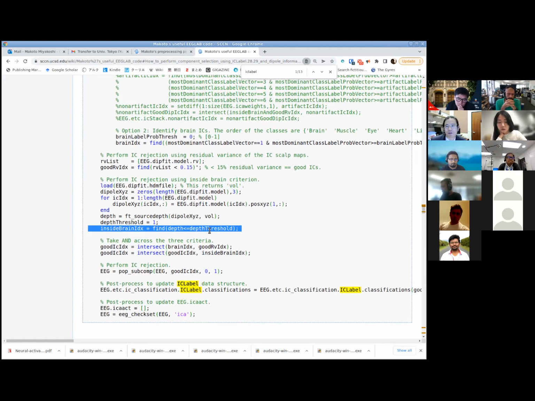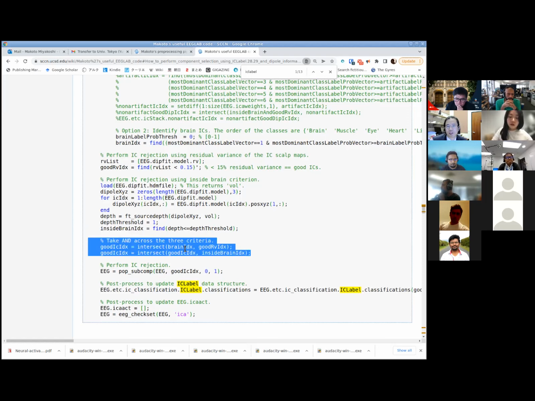If the depth is larger than 1 centimeter from the brain surface, that means the dipole is floating outside the brain, so that should be kicked out. Then the intersect of those three things: the brain index from IC label, good residual variance, and good inside the brain index. The Boolean and is taken to finally determine the independent component index.